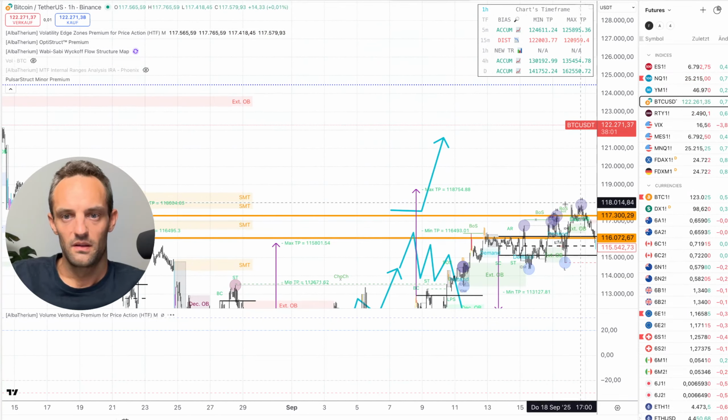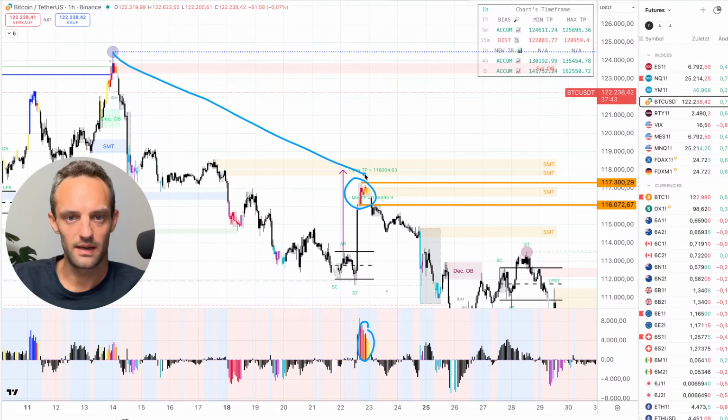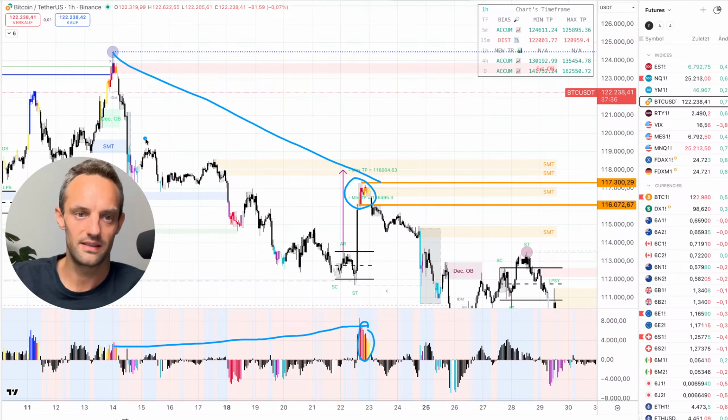So, a similar situation. Here we were in a downward trend, and here we had this big volume, higher volume candles than at these all-time highs. The only difference is that here we had already a falling trend, and now we are in a range or an upward trend.